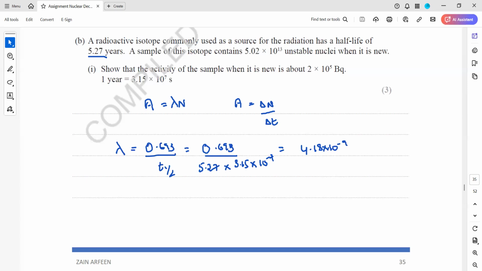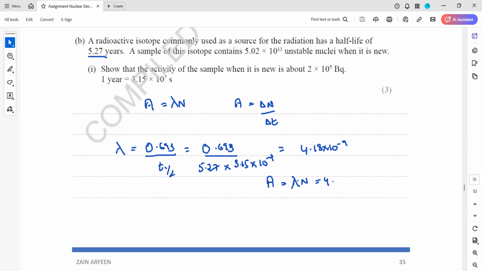Then after working out the value of the decay constant, we are finding the activity. As we know, activity is delta N by delta t or lambda N, where lambda is the decay constant, which is 4.18 exponent negative 9.